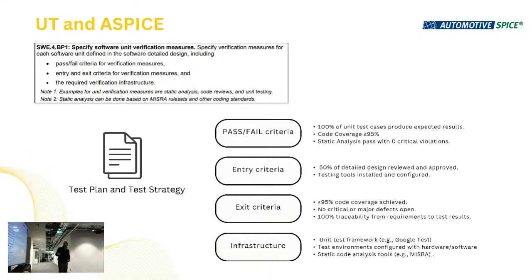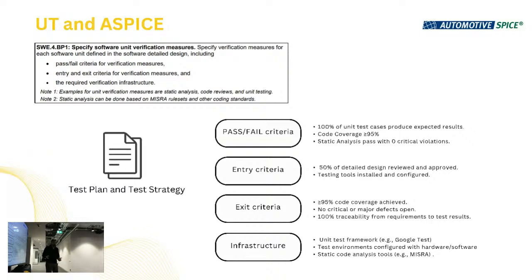So the first one is this. I will not read it because it's collected from the official document, but basically the title says specify software unit verification measures. What it means is you should have verification measures, and they can be things like pass and fail criteria, for example 100% of unit test cases have expected results, or code coverage bigger than 95%.